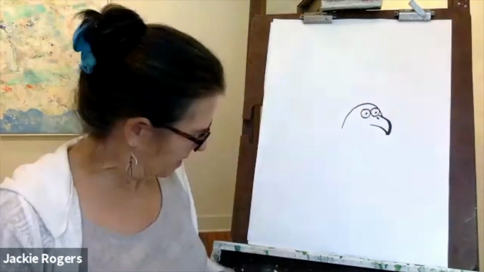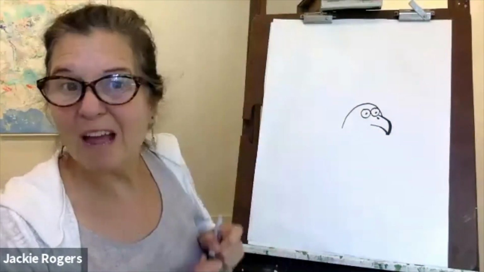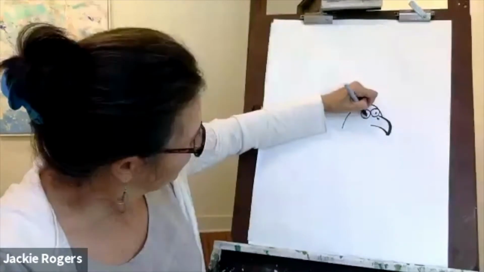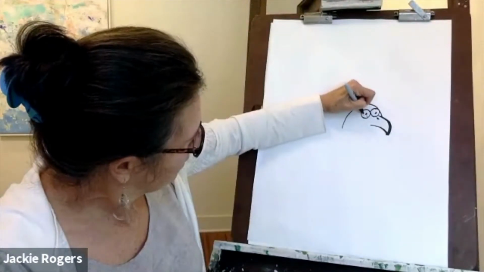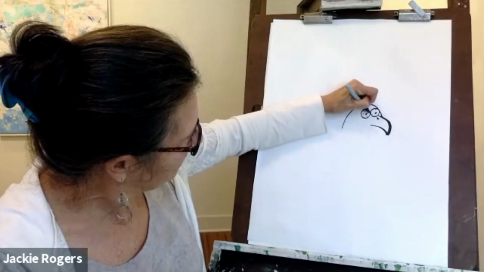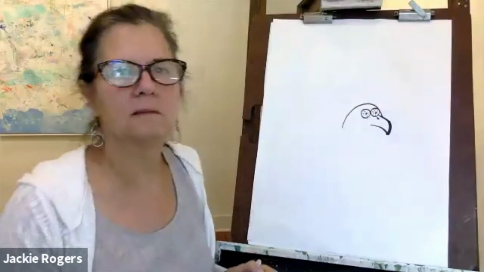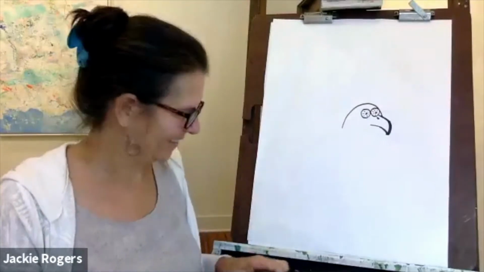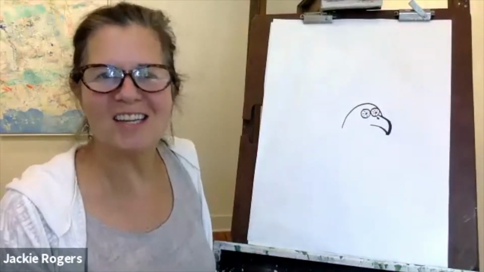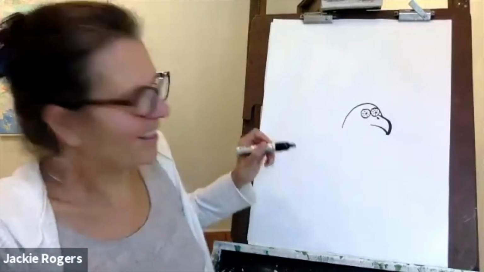And then if you have any red pencils or anything around, you can do little veins. He looks a little possessed or something. Zombie chicken. I like it.